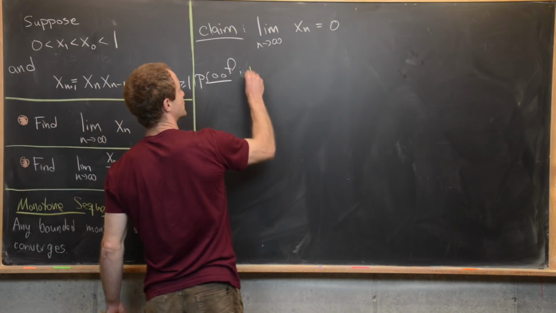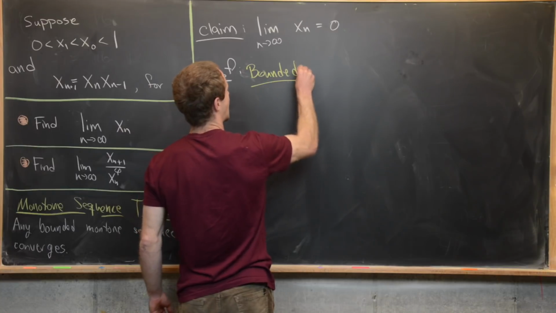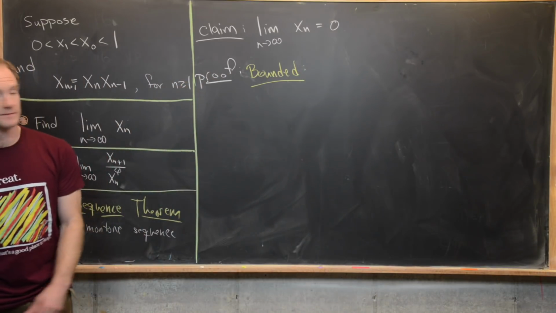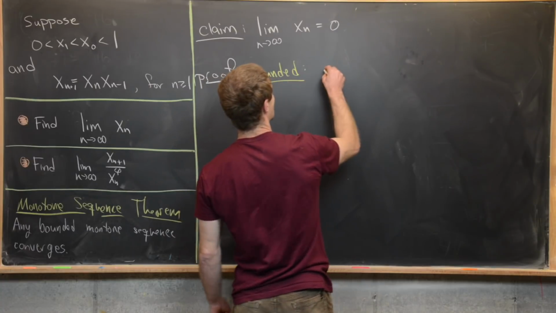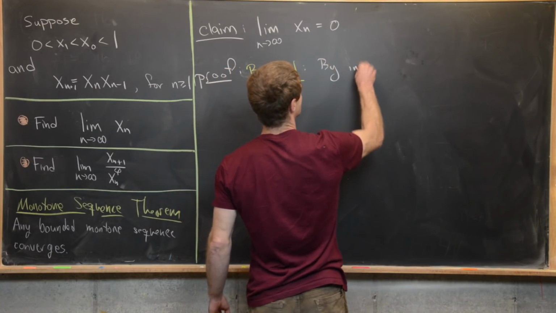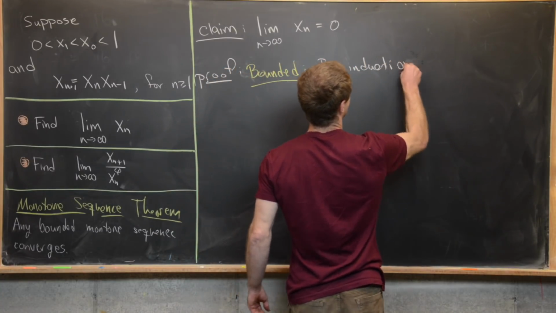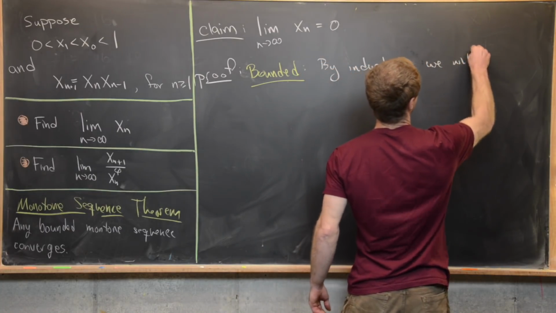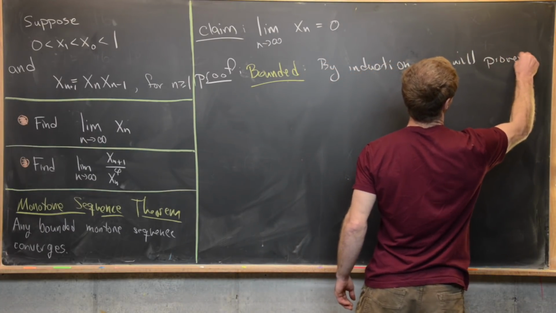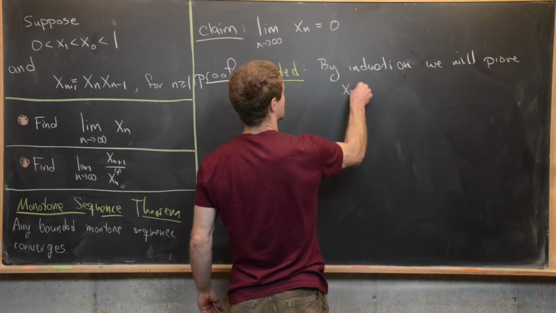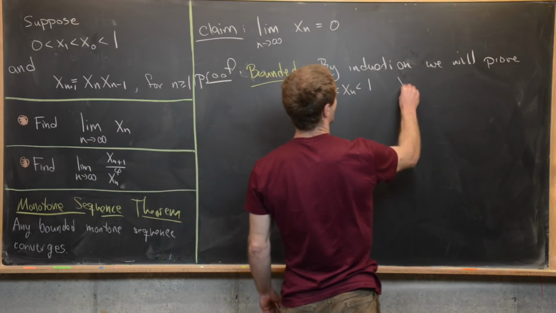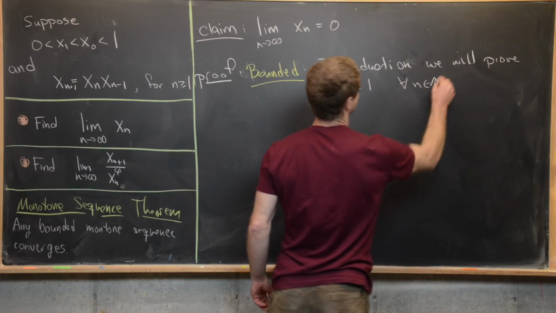So we'll first prove that it's bounded, and we'll do that by induction. By induction, we will prove that x_n is between 0 and 1 for all natural numbers n.